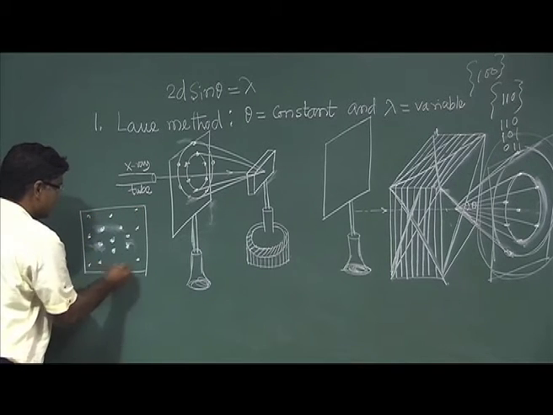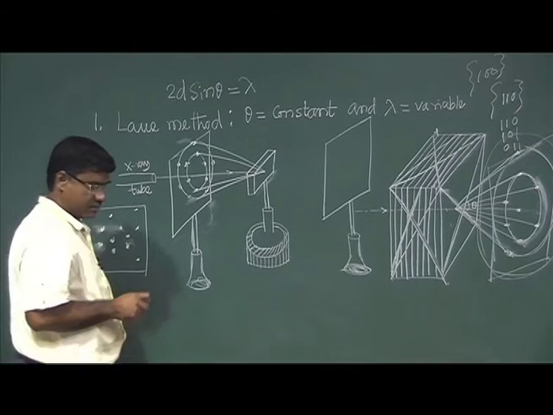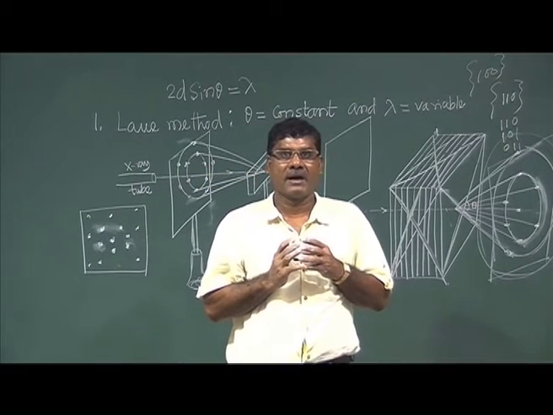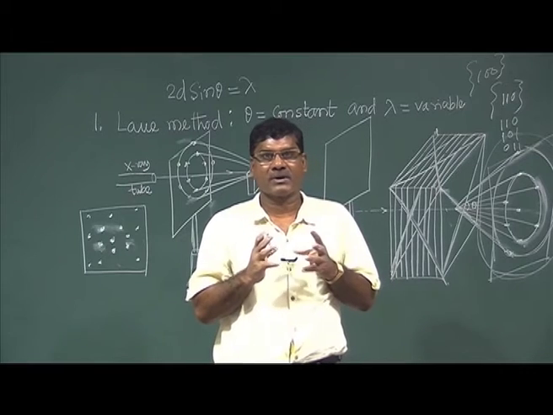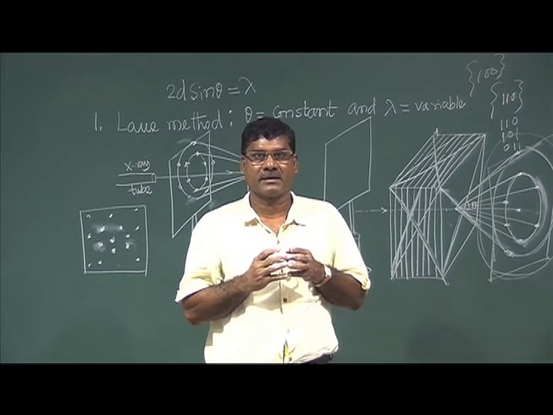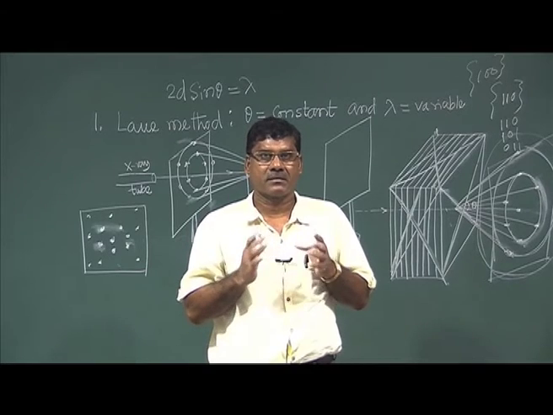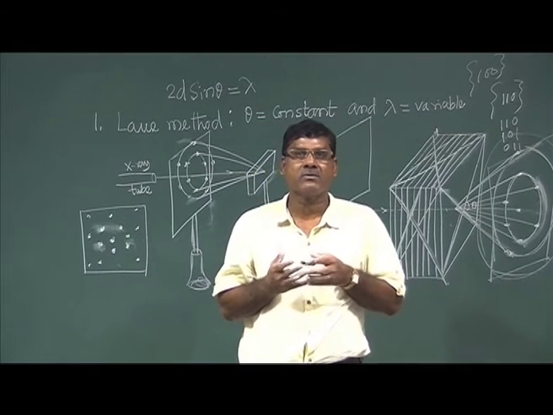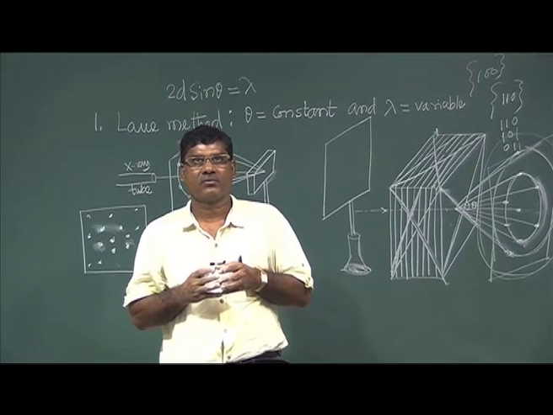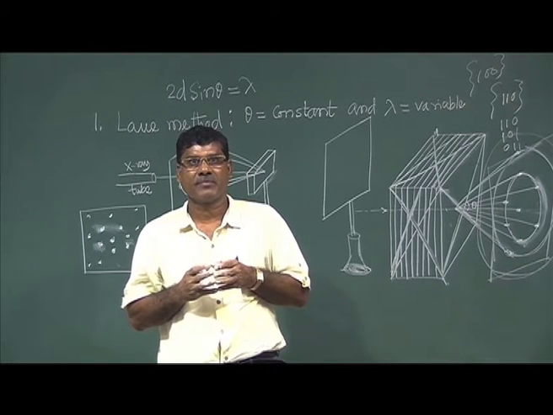So this way you will get spots, that are called Laue spots, and from the Laue spots you can determine the crystal structure, but this method is mainly used to find out the symmetry of the crystal, okay.